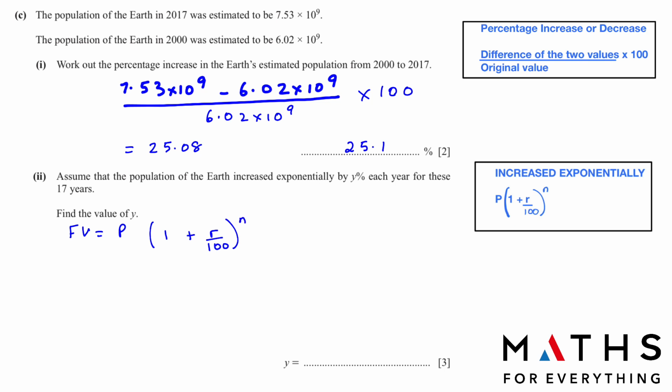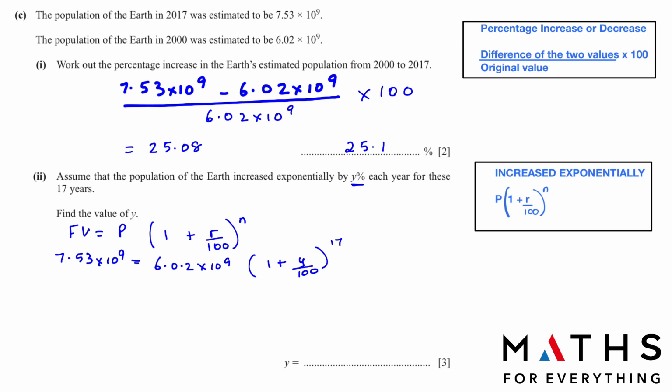Our final value estimated was 7.53 times 10 to the power of 9, and initially, before 17 years, it was 6.02 multiplied by 10 to the power of 9. R is y over 100, and N is 17 years.